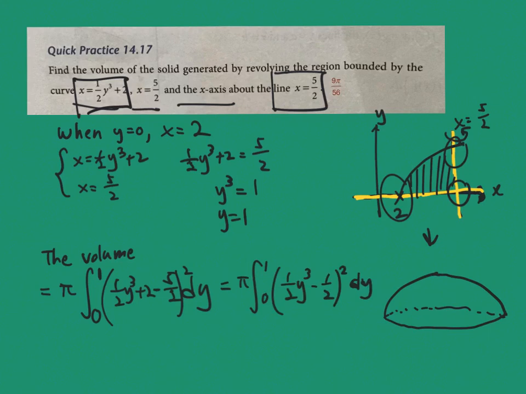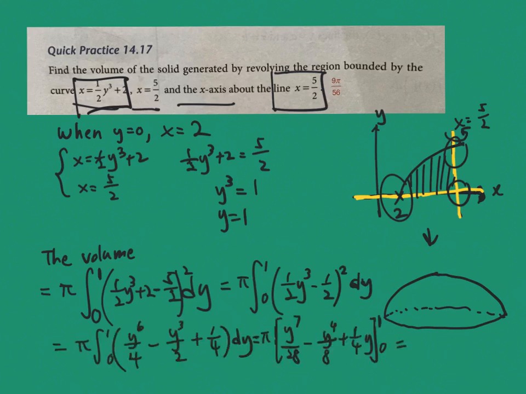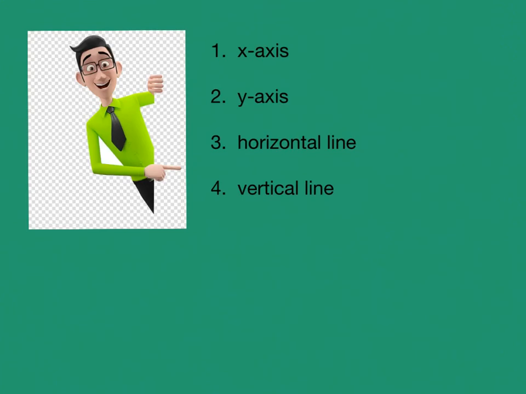Next, simplify the function inside so that you can get this one. Then I will expand it and take integration as usual. Finally, you can get the answer 9 pi over 56. Finish. To summarize, there are 4 different cases for this part. The first one, revolution about the x-axis.